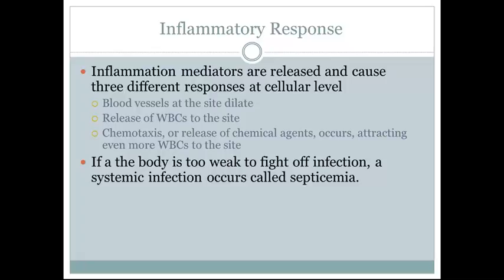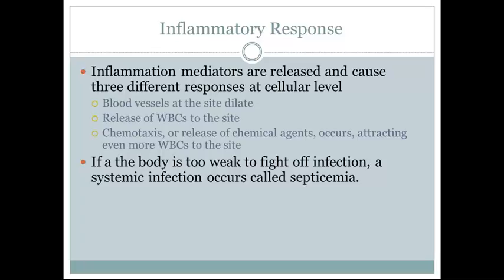In the inflammatory response, inflammation mediators are released and cause three different responses at the cellular level. Blood vessels at the site dilate, and white blood cells are released to the site. When white blood cells are increased, that causes phagocytosis, which engulfs the pathogen and destroys the cell.